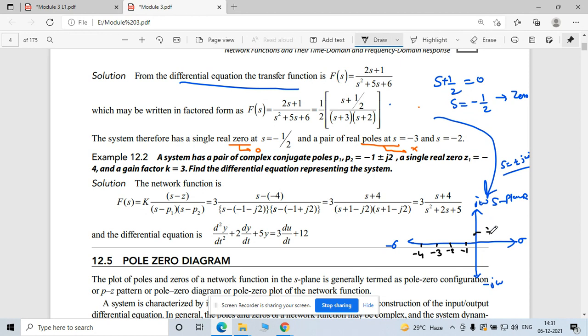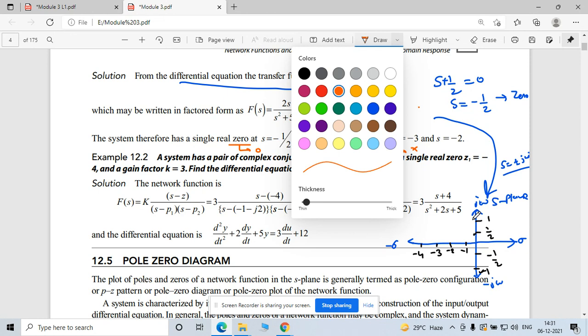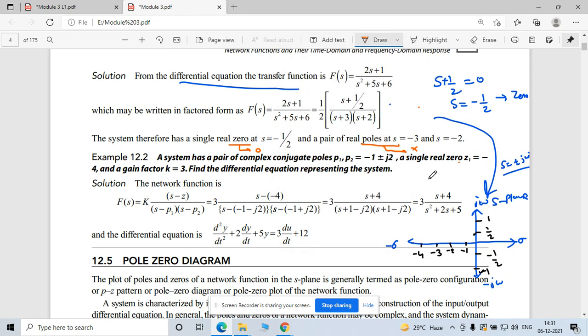Suppose this is your 1 by 2, this is your minus 1 by 2. Okay, this is 1, this is minus 1. Now draw the location of poles and zero in this s plane.